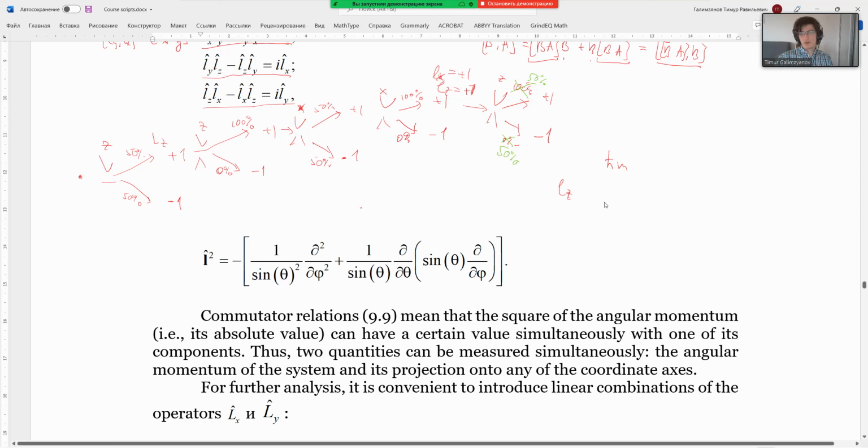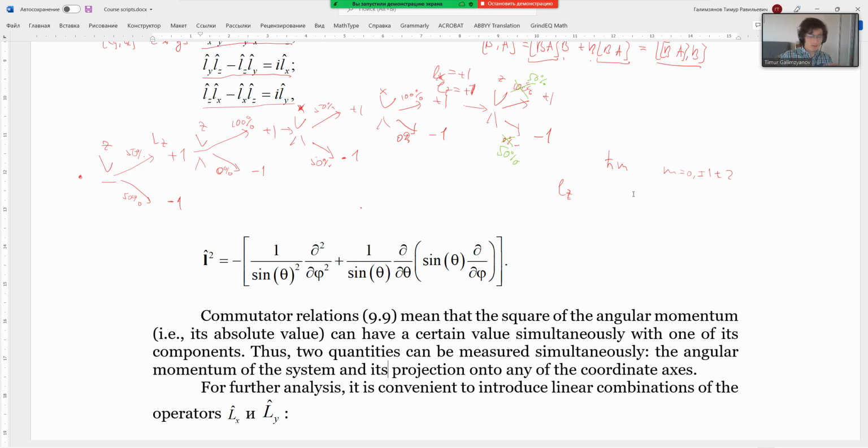The projection of the angular momentum on the z-axis is quantized, and it equals h bar times some integer: m equals 0, plus minus 1, plus minus 2, etc. However, you should understand that we're speaking about the z-axis, but in reality, you can name any axis as z.